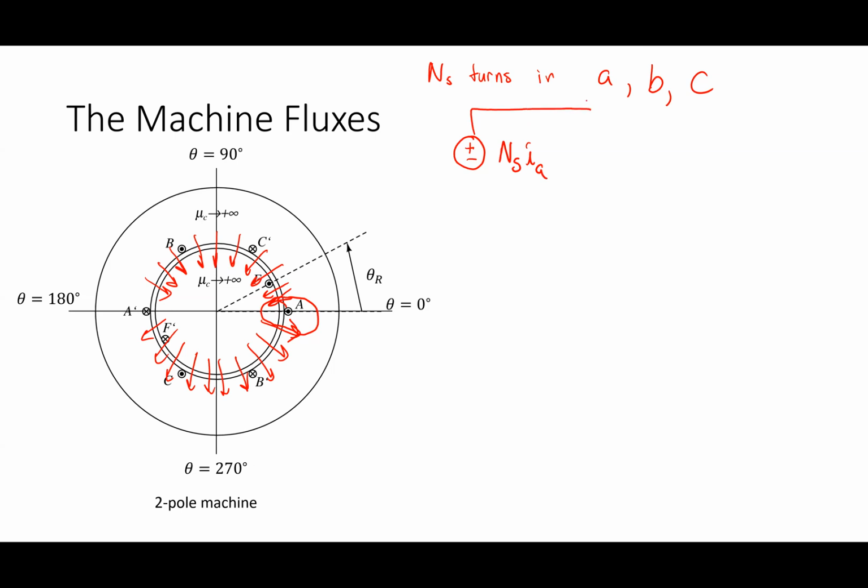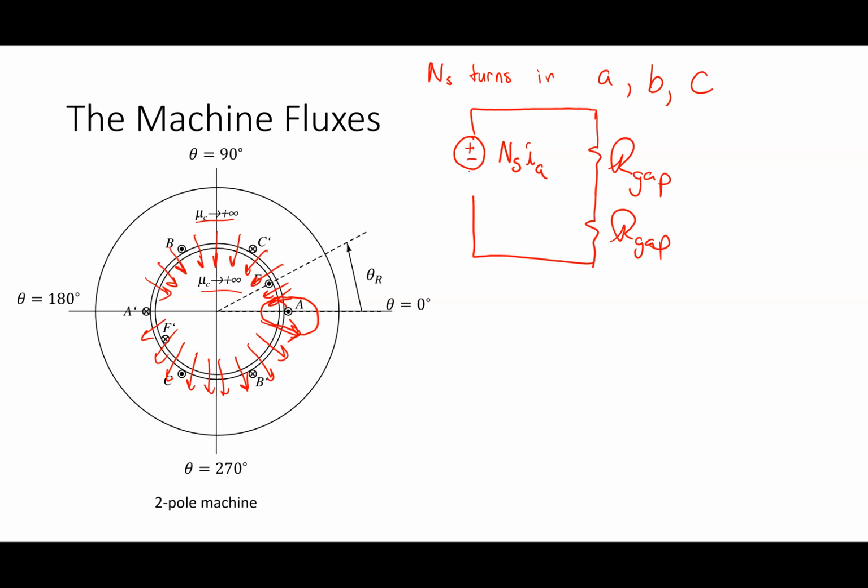2. Two is basically what it comes down to, because I've said that the mu of these two materials is infinite. If their mu is infinite, what's true about their reluctance? 0. It's basically just a wire that guides the flux, a conduit for the flux. So there's the R gap on top and the R gap on the bottom.